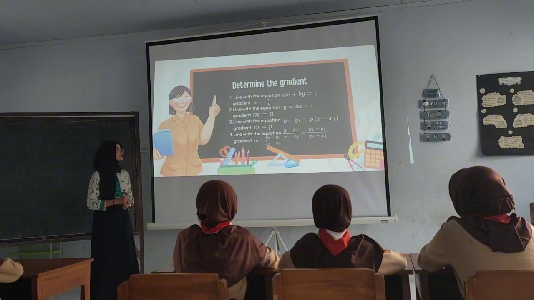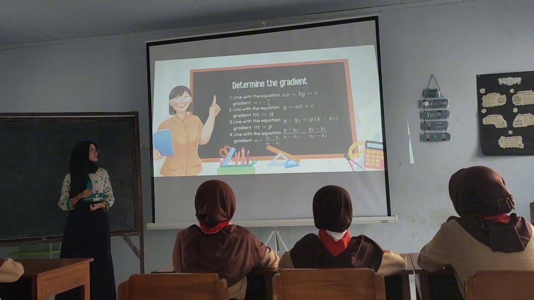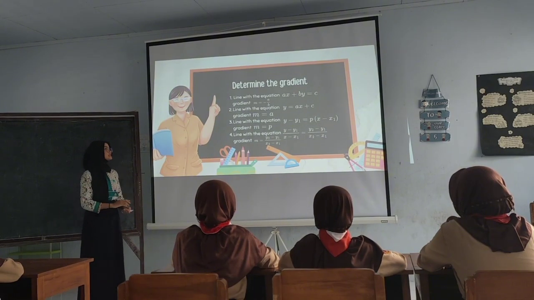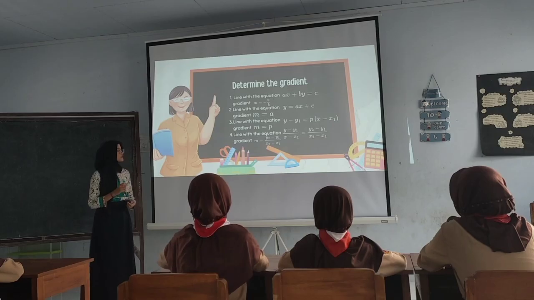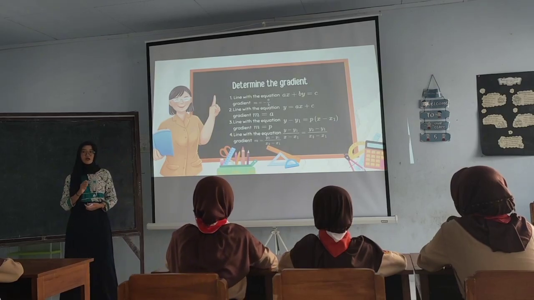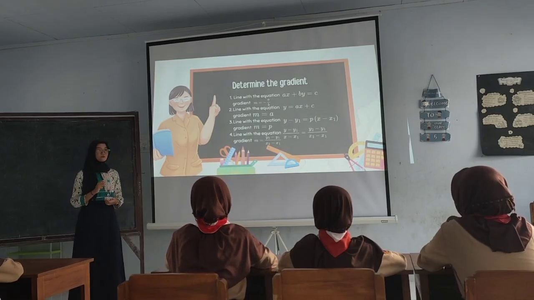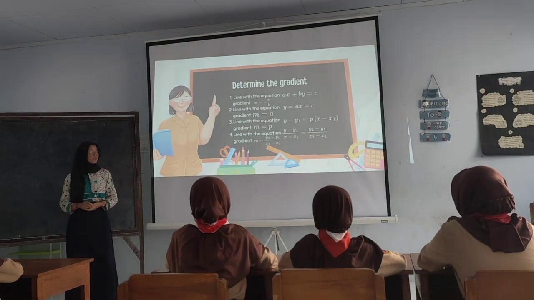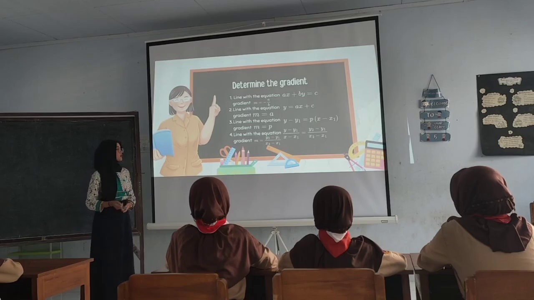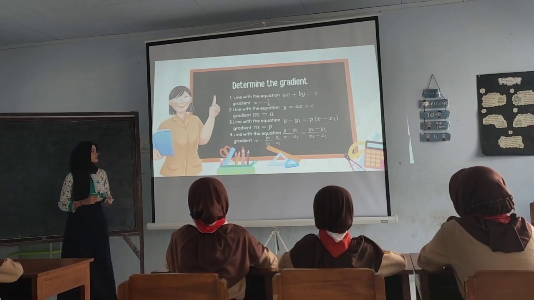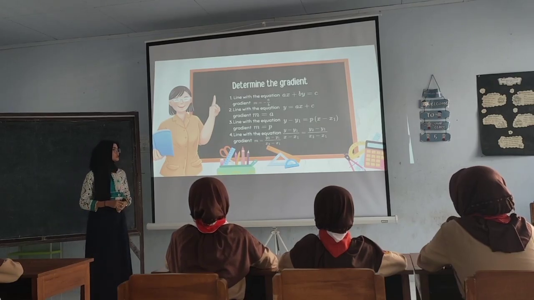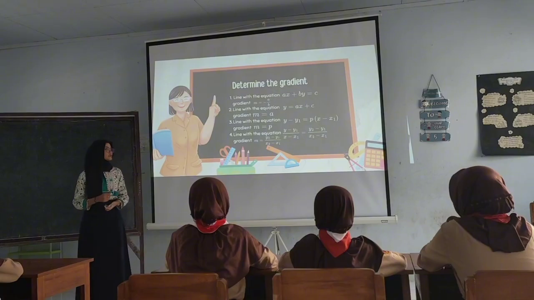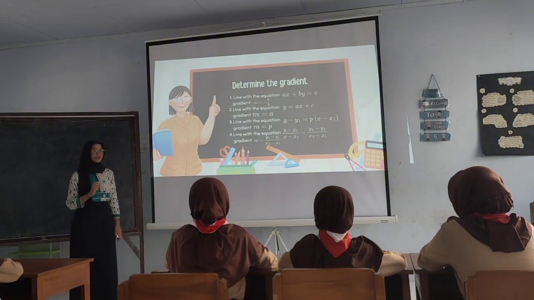The gradient m is p. Number 4, the line with the equation (y - y1)/(x - x1) = (y2 - y1)/(x2 - x1). The gradient m is (y2 - y1)/(x2 - x1).